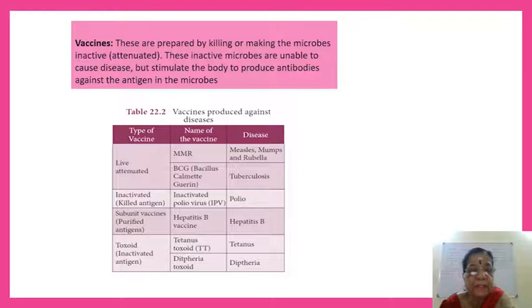Vaccines are prepared by killing or making the microbes inactive, and the inactive we call attenuated. These inactive, attenuated microbes are unable to cause disease but stimulate the body to produce antibodies against the antigens in the microbes.